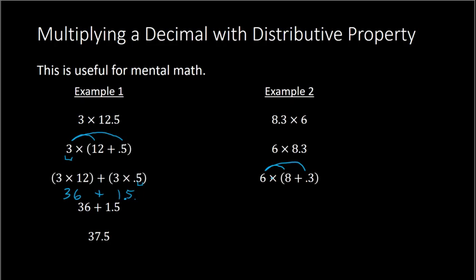So we have 6 times 8 and 6 times 0.3. Well, 6 times 8 is 48, and 6 times 0.3, we'd have 6 times 3 is 18, and there's one digit here after the decimal point. So we move the decimal point one place to the left, which gives us 1.8. So 48 plus 1.8 is 49.8, and that is our solution.